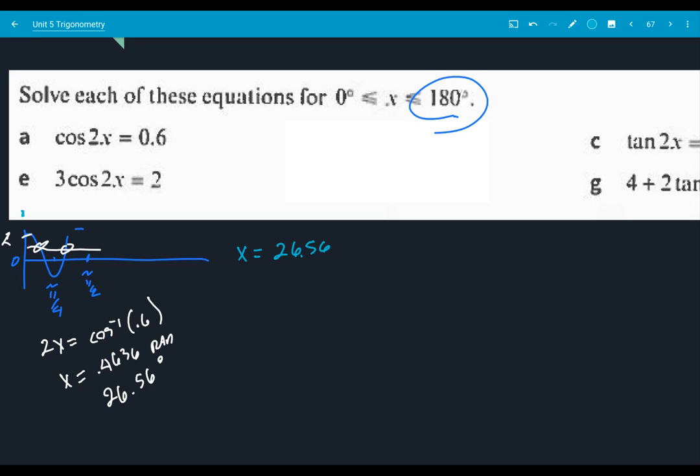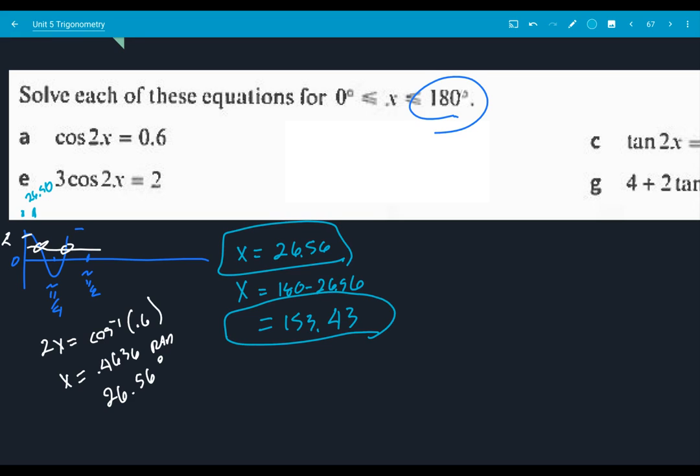And now we have to figure out the next one. Well, we know from 0 to here is 26.56. Well, where are we 0 again? Well, we're 0 again at pi over 2, or 180 degrees. So our second x is going to be equal to 180 minus 26.56, or 153.43.